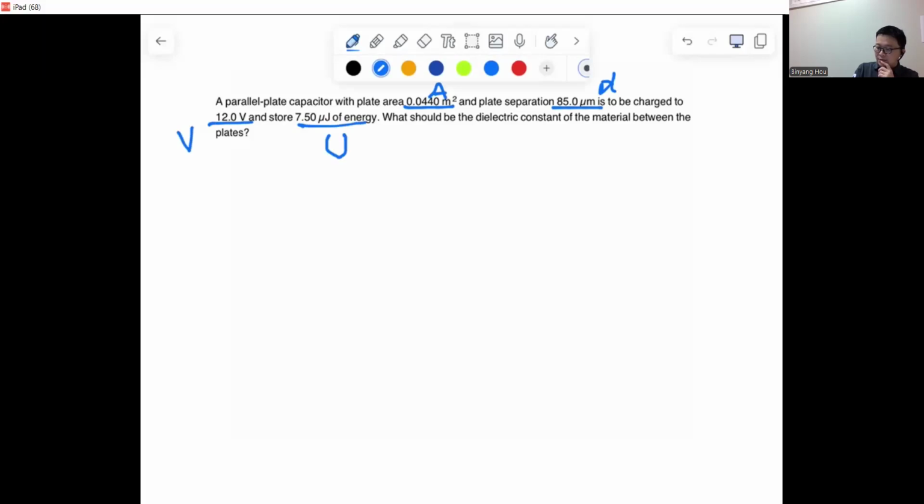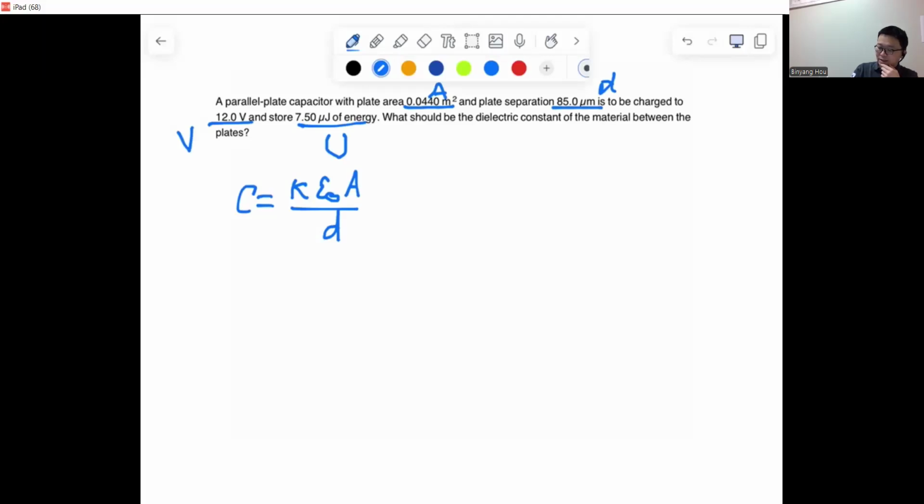Dielectric is related to C, right? C is equal to the dielectric, kappa, times epsilon naught, which is 8.85, times area over D. So we know A, we know D, we know epsilon naught, and we're looking for kappa, so that means we need to find C, right?